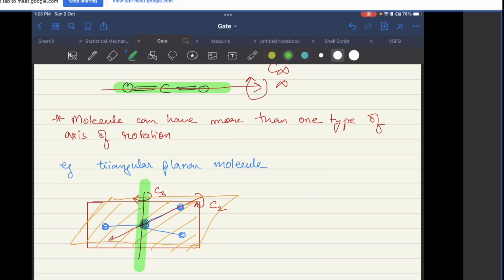Why is this C3? Because the symmetry will be restored when my n is equal to 3, so I will be doing a 120-degree rotation. And for this particular axis going through two atoms, or you can say one single bond of the molecule, you will have a rotation of 180 degrees, correct? So this will be C2, to get the symmetry of the molecule again, or an indistinguishable configuration.